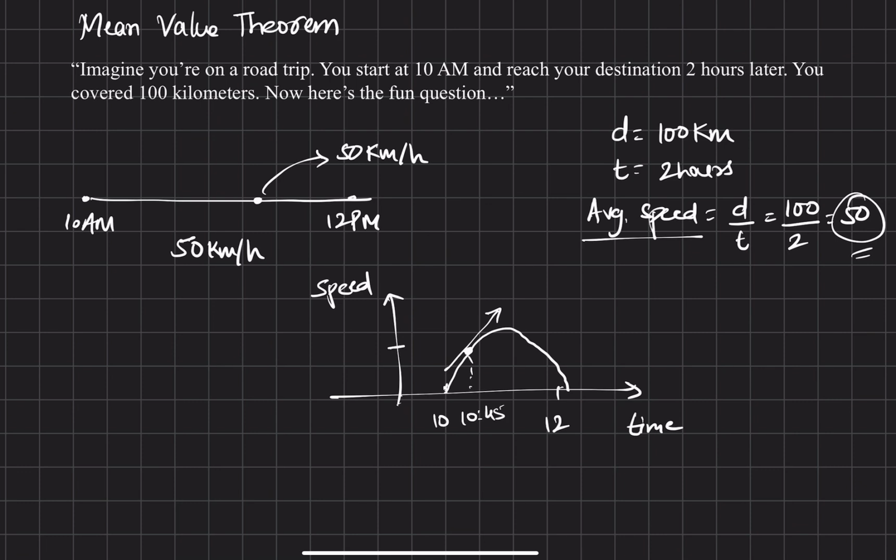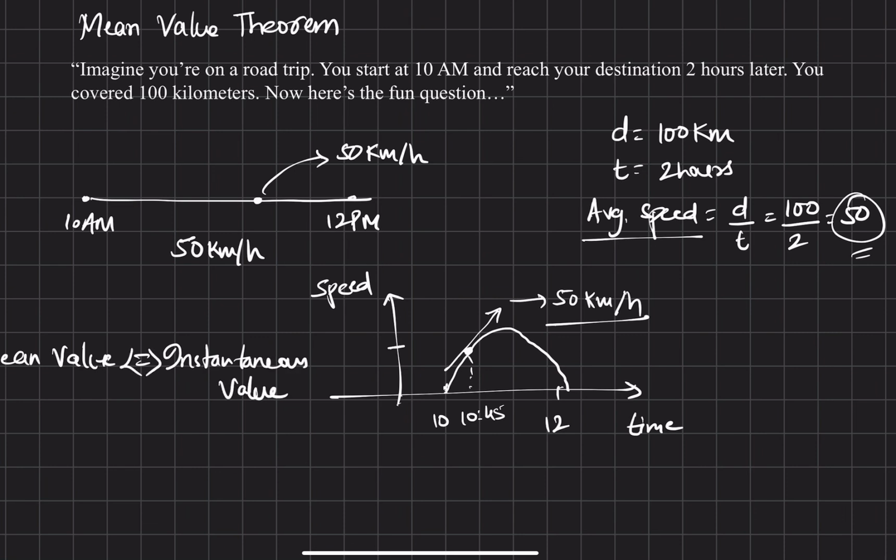At this particular moment, your speed will come exactly to 50 kilometers per hour. So in other words, mean value theorem gives you an understanding of the relationship between your mean value and the instantaneous value. There is a relationship between the two.